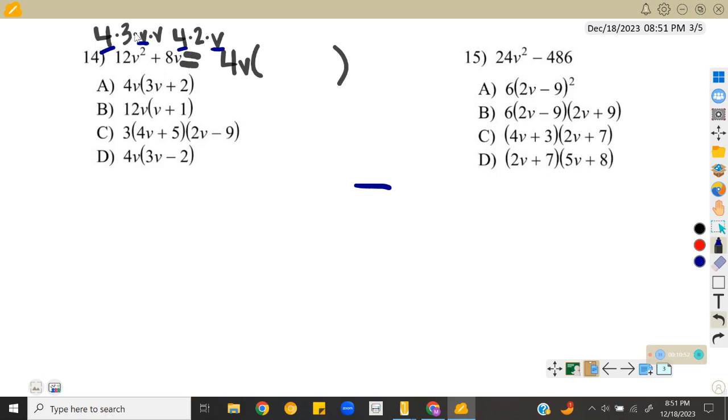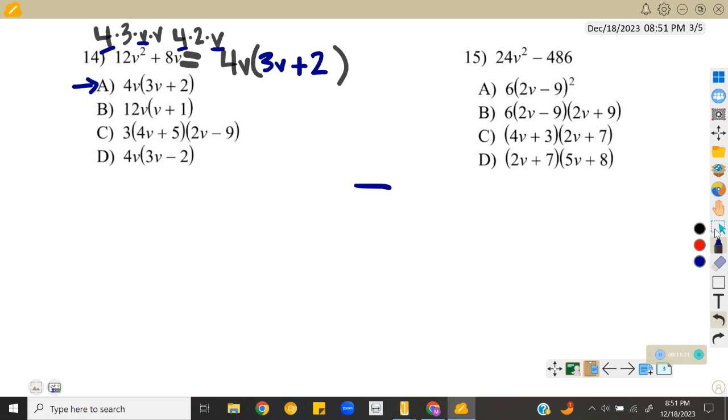There's a 3 and that v would go right here. And because there's a 2 that got left out, that's why this would be plus 2. In this case, we would choose A. We factored out 4v from both of these because 4v was the greatest common factor.